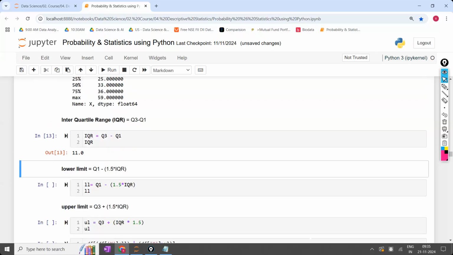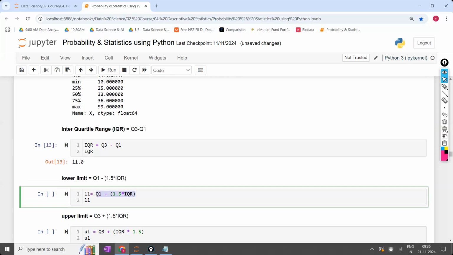And next, from there, we are moving on to the lower limit and upper limit. Now, what is meant by lower limit? Lower limit means Q1 minus 1.5 into IQR. Here, what is the Q1 value for you? For the given data set, Q1 is 25.